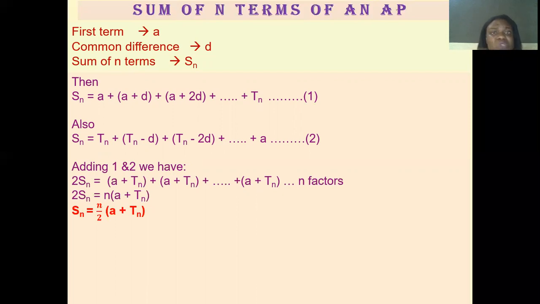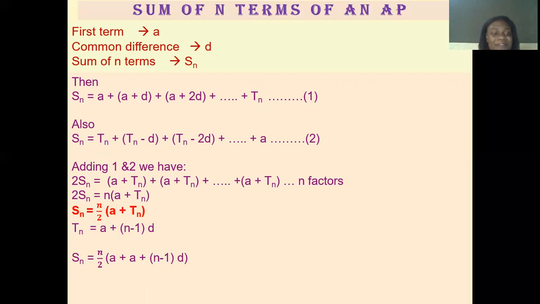But we can also derive some other formula. Let's remember that T of n is A plus n minus 1 bracket D. So that simply indicates that T of n would be substituted into S of n.